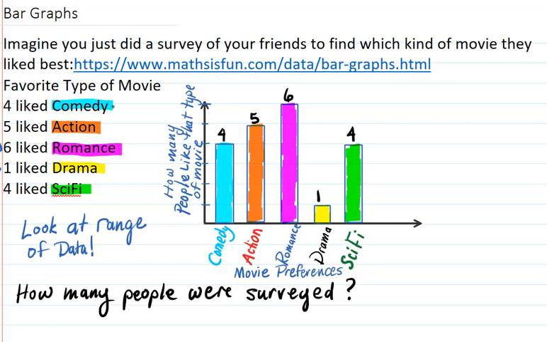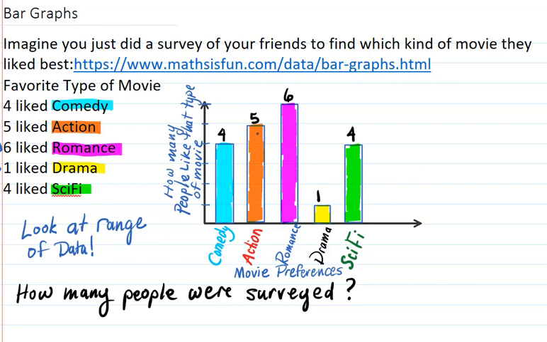So 4 people had to be surveyed to get comedy. 5 different people had to be surveyed to get action preferences. 6 more people had to be surveyed to find out that they liked romance most. 1 more person had to be surveyed to find out that only 1 person liked drama movies. And finally 4 people had to be surveyed to find out that they liked sci-fi.